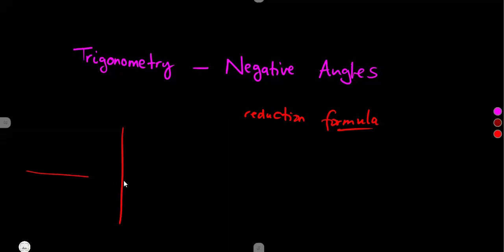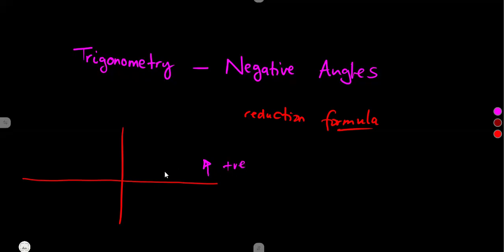As you consider your reduction formula in terms of the positive angles, I was saying these are the ones which are taken in the anti-clockwise direction. So any part that is in the anti-clockwise, these are positive.